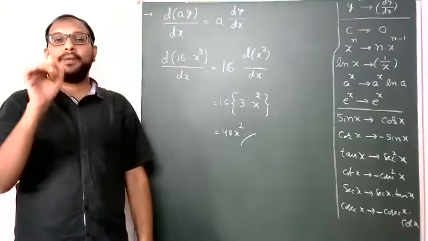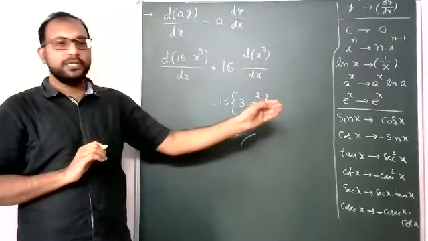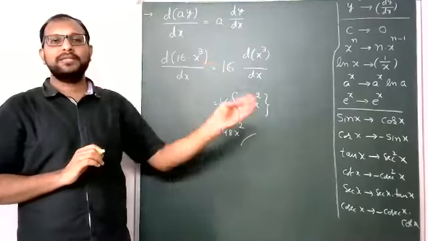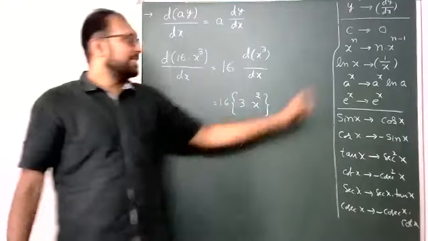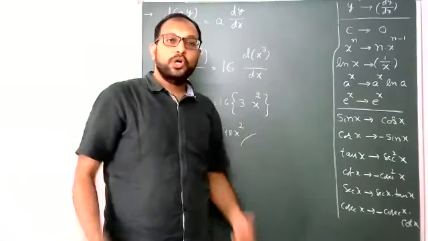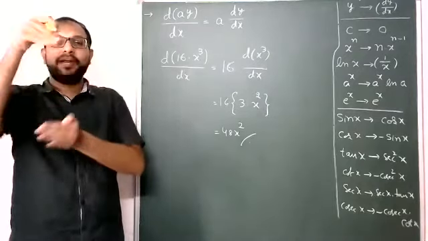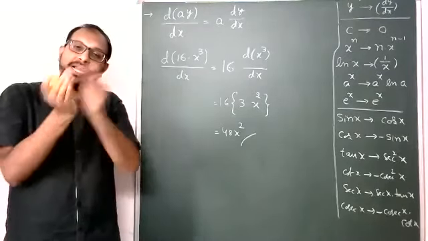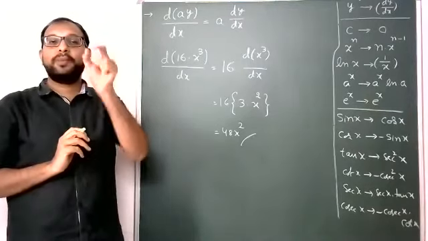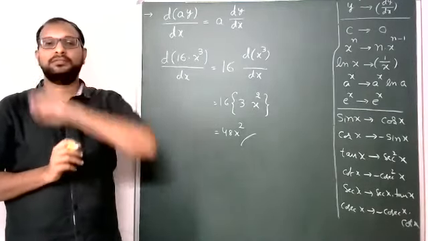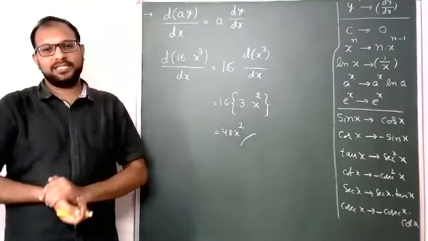What is 2 to the power of x derivative? 2 to the power of x into ln 2. Suppose 16 into 2 to the power of x is there. Then you can write 16 outside, 16 into the derivative of 2 to the power of x, which is 2 to the power of x into ln 2.